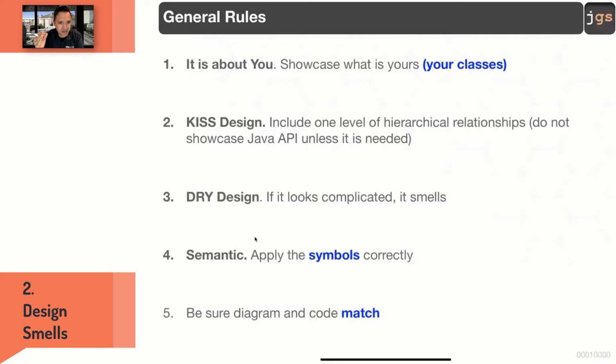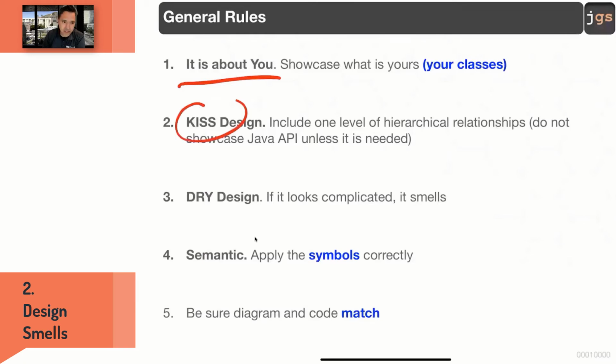And simple is easy to read, and in a diagram, easy to understand what is happening. It's like you are the teacher, you are the instructor. Your goal is not to show that you are good, but to make the reader understand whatever you are sharing, in this case, the solution for your software. So it is not about you, it's about the diagram.